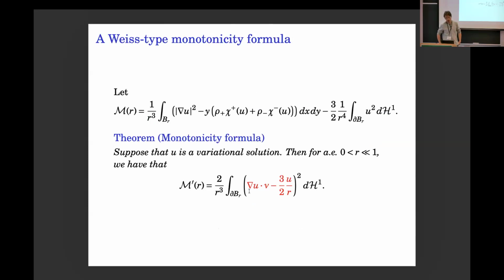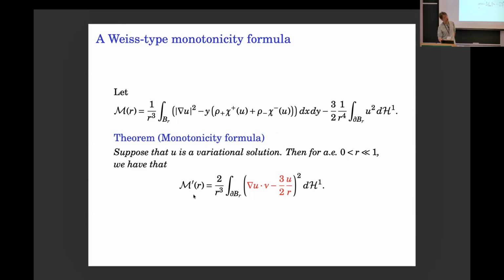Here, this complicated looking monotonicity formula allows one to guess the homogeneity. This is like a Weiss type monotonicity formula, which is widely used in this geometric analysis context. One can look at this crazy quantity M, which takes care of the bulk part of the energy and some surface part, scaled to some power.